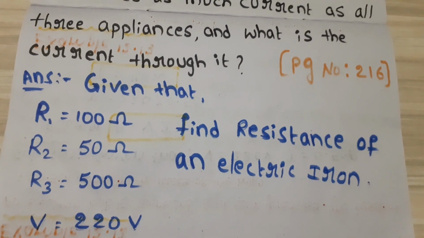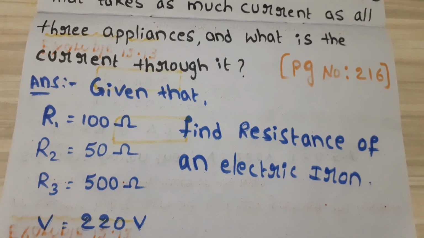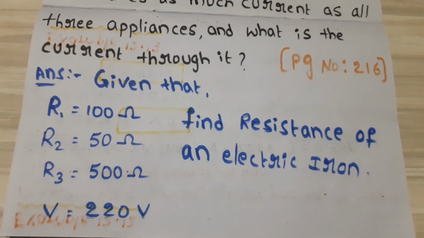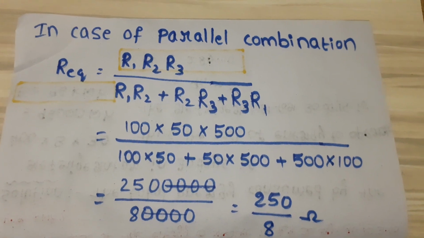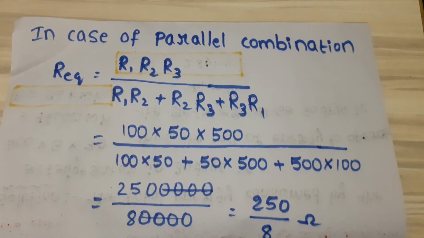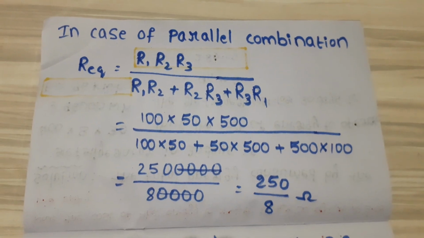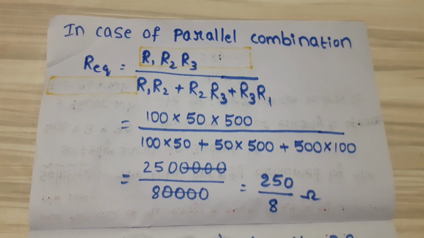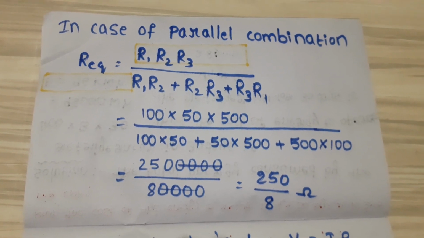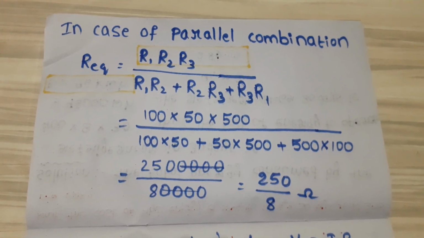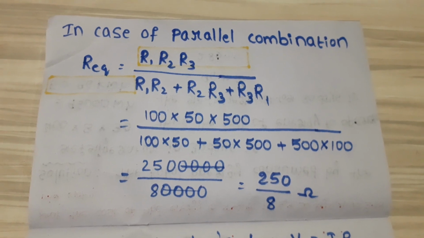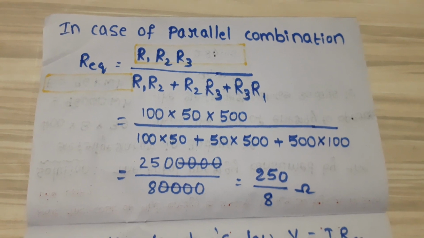So first of all here, which combination is used in the question? Parallel combination. First of all I am going to calculate the equivalent resistance in this circuit. In parallel combination, the equivalent resistance formula is Req equal to R1 R2 R3 by R1 R2 plus R2 R3 plus R3 R1.